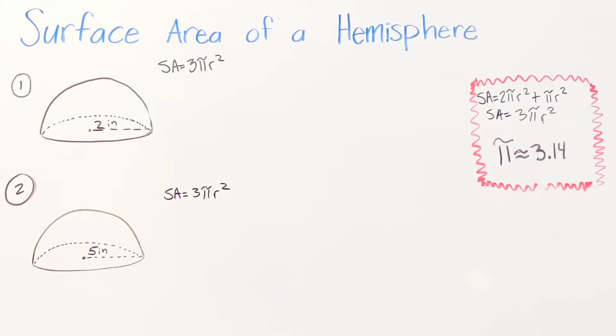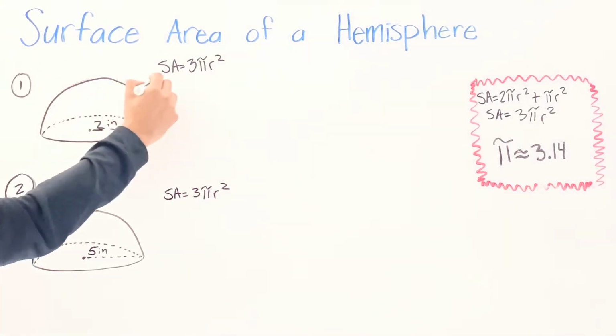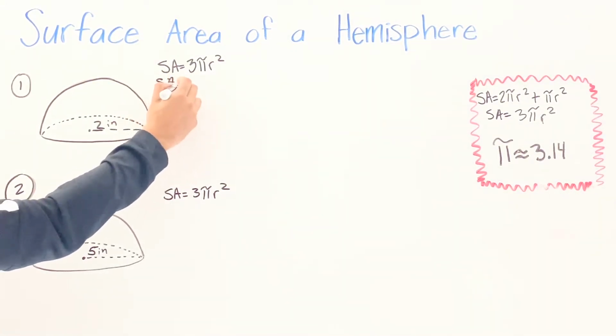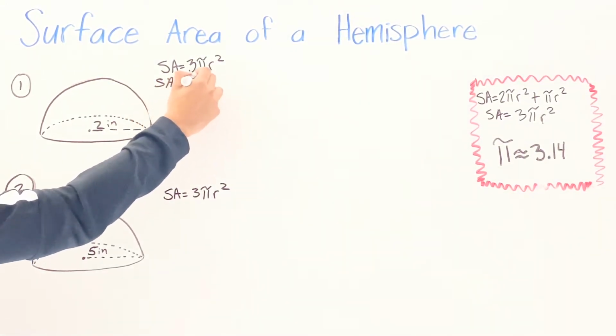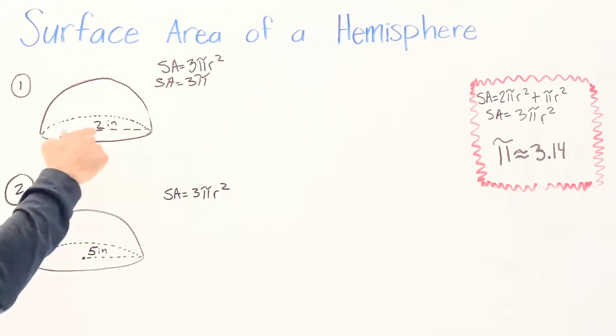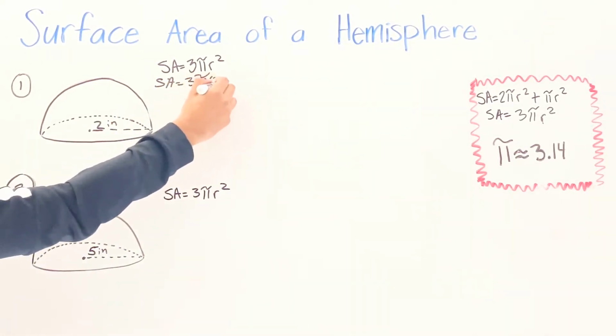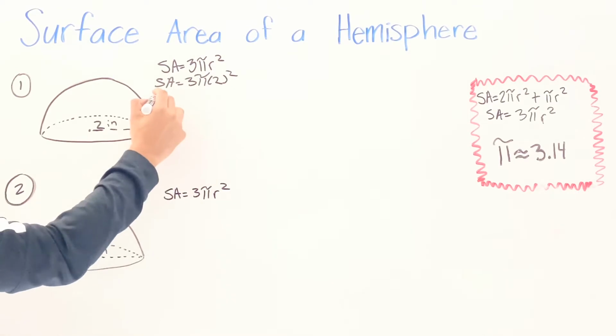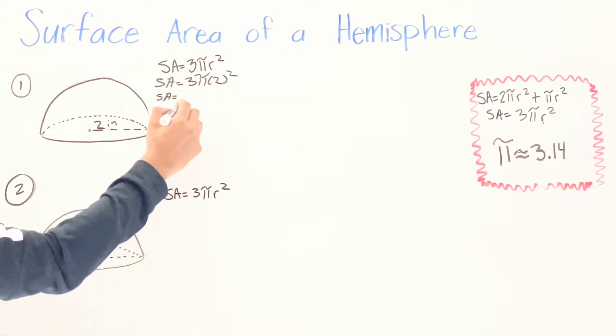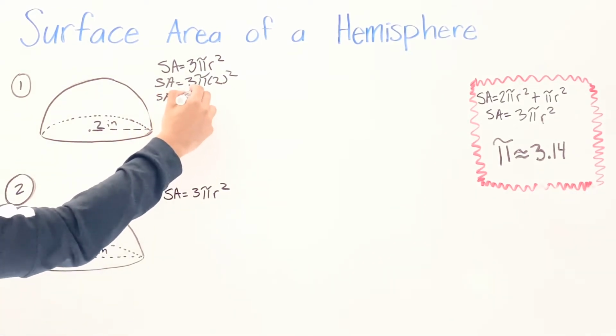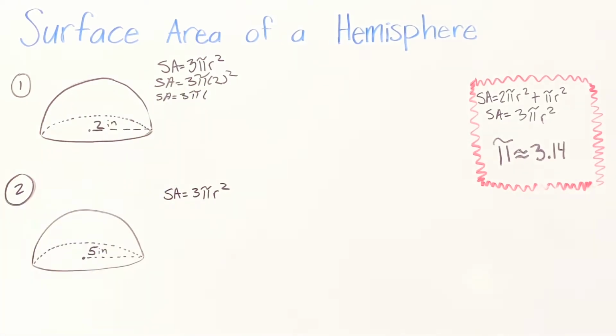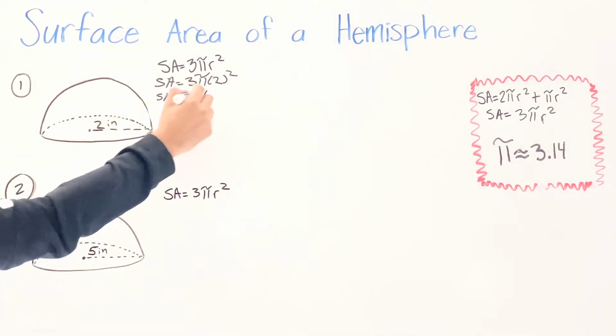So on number 1, our radius is 2, and all we're going to do is substitute 2 for our radius. So surface area equals 3 pi, and our radius is 2, so we're just going to substitute 2 to the second power. We know that 2 times 2 is 4.